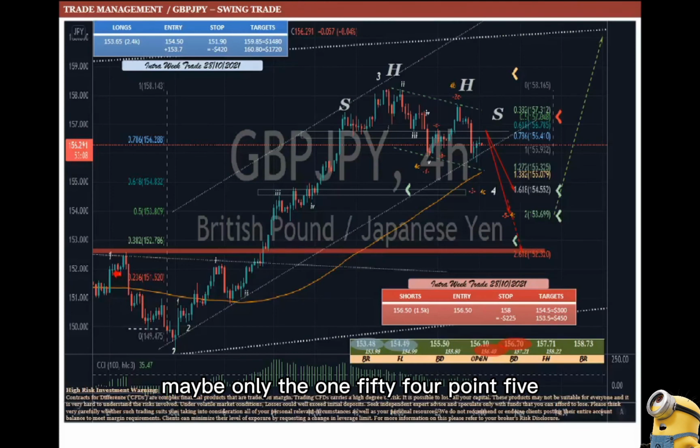Maybe only the 154.5 will fill, but it will be enough, and we take it to 163 with a stop at 151.9. Your stop at that point is just 2.1% actually. Probably only expect half to fill, so for 2.4 minutes it's going to be 4%, or 4.2%. For half of the size, of course, it's going to be half of the risk.